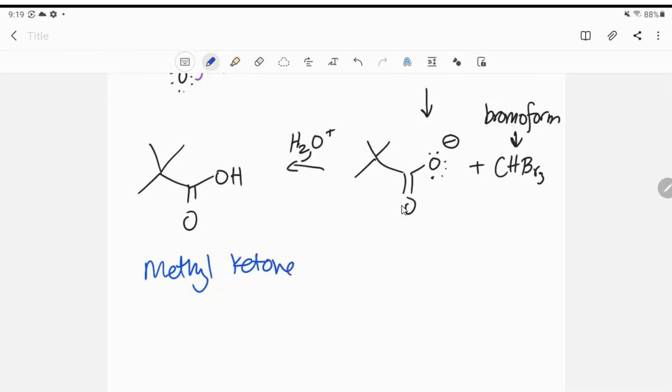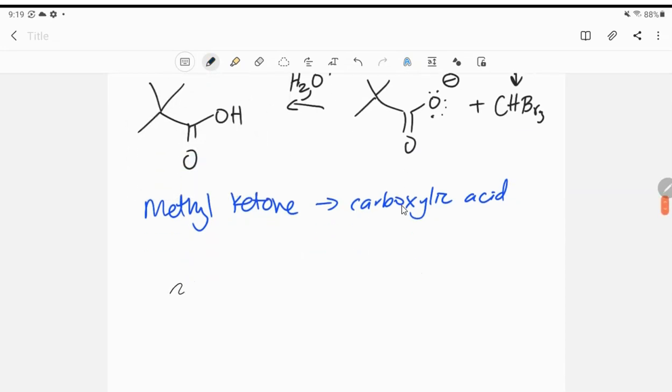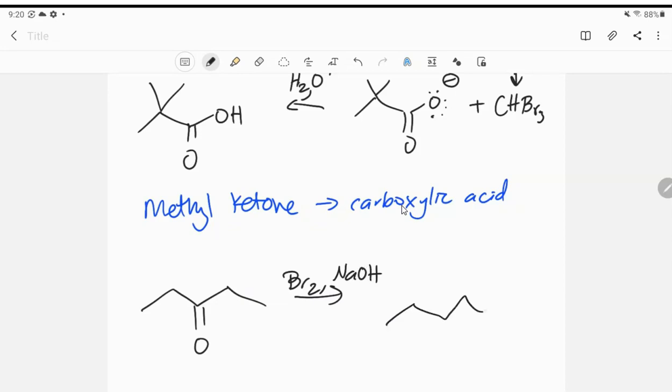A methyl ketone becomes a carboxylic acid. If you don't have a methyl ketone, and you were to do this, you would probably just end up with the dibrominated species. If you had something like this, you'd probably end up polybrominating this thing all over.